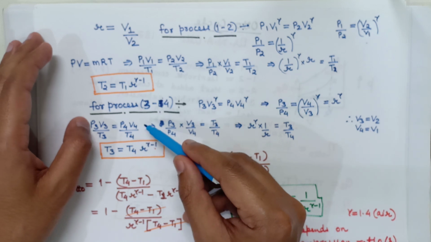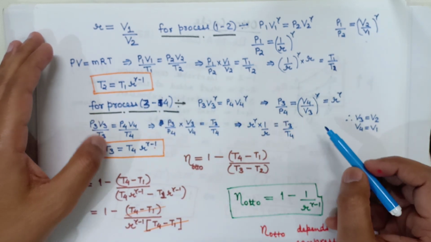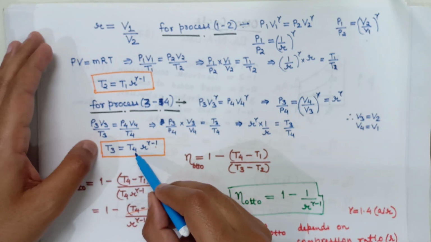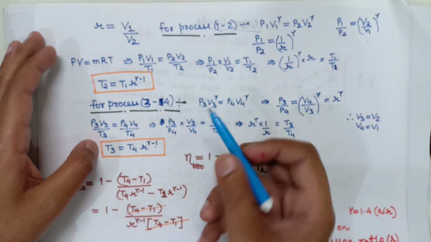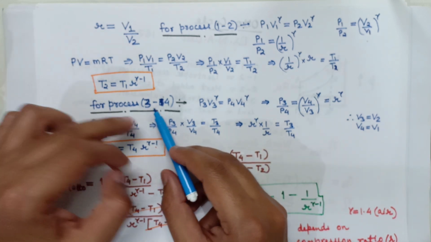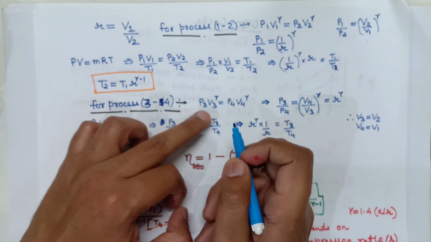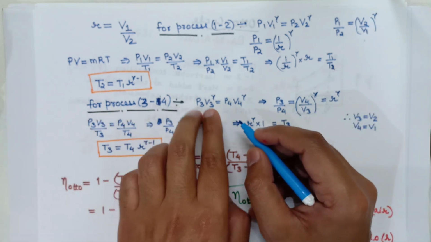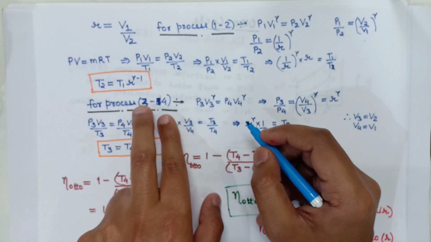Then we will solve for process 3-4 in the same way, and if we solve, then we will get T3 equal to T4 into R to the power gamma minus 1. As we have already discussed, process 3 to 4 is the adiabatic expansion process. So for adiabatic expansion, we can write PV to the power gamma equal to constant, because it is for process 3 to 4.